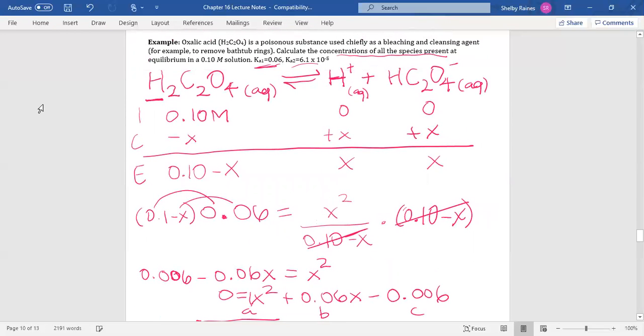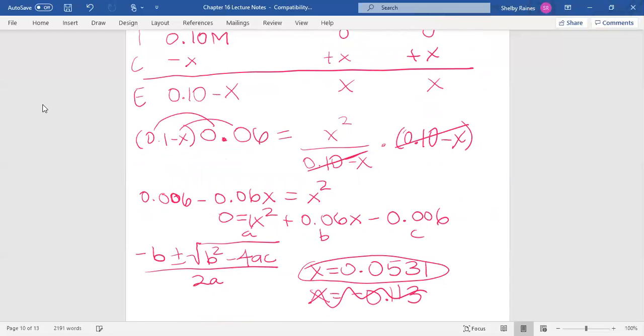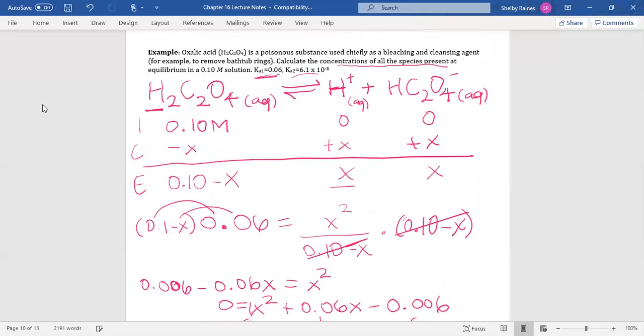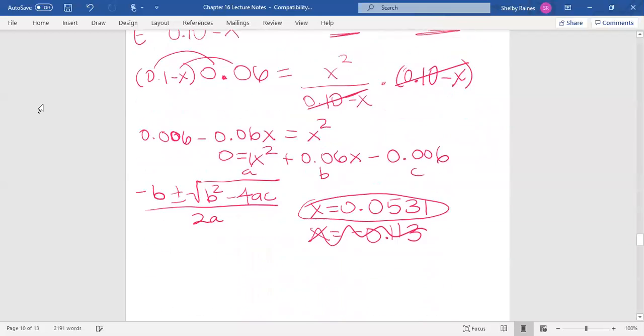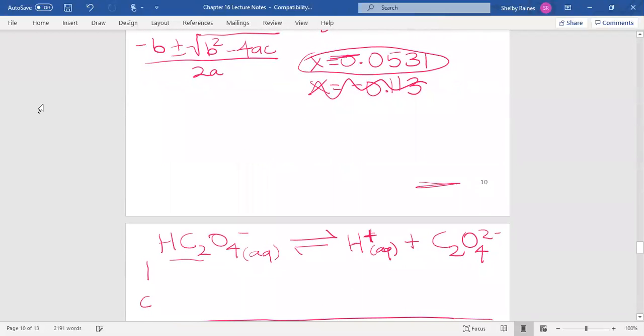So when the first ionization is complete, we'll have 0.0531 hydrogen concentration and HC2O4 minus. Okay, so I plug this in down here. That's my initial concentration. Not only is that my initial concentration of this species, it is also the initial concentration of the hydrogen ion.